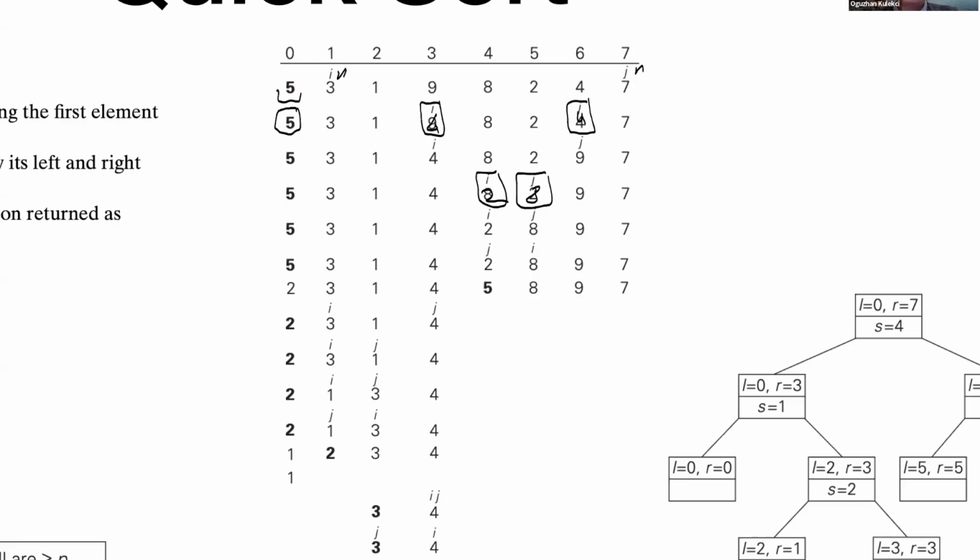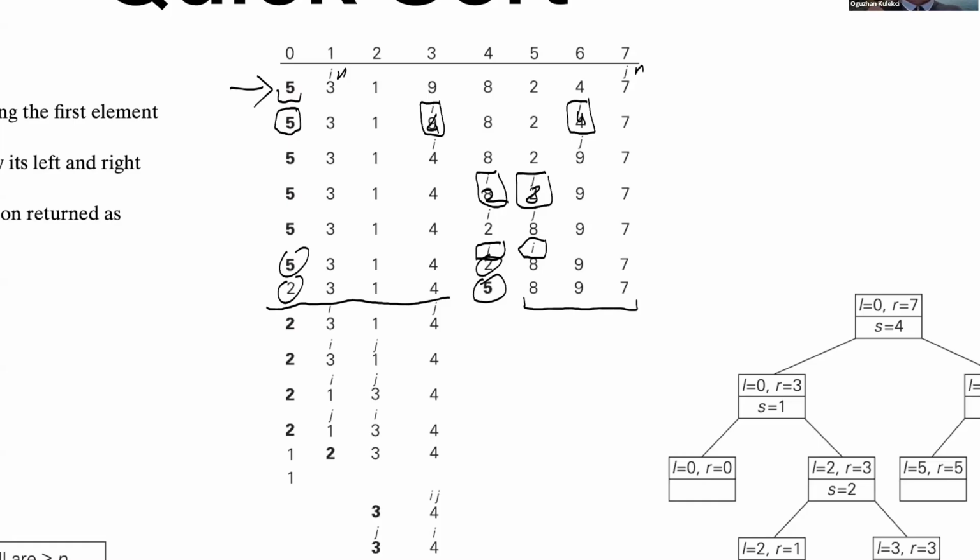Once you do it, you see that J becomes less than I. Once J becomes less than I, we just make the swap of 2 with 5. So 5 is here and 2 is here. What happened? On this input array, we have just moved all the elements that are less than 5 to the left partition and all the elements that are greater than 5 to the right partition.